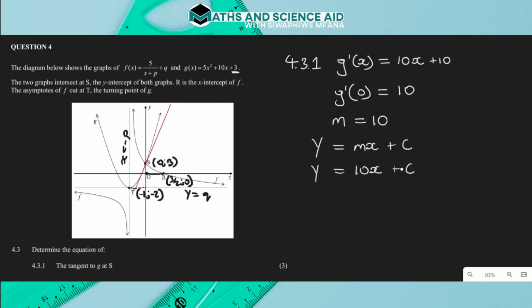We do not even need to calculate it here, because as you can see, if this tangent line is at S, it means that it is going to cut the y-axis, or intersect the y-axis, at S as well. So its y-intercept is going to be the same as the y-intercept of g and f. So it is going to be equal to 3. Therefore, the equation of this tangent line is going to be given by y is equal to 10x plus 3.